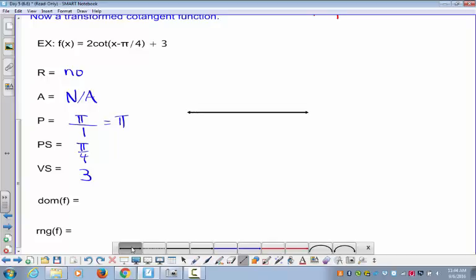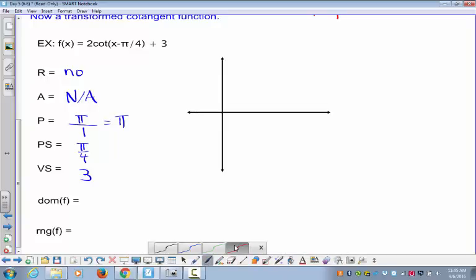So again, start with phase shift. And I'm going to put my shape up here. So the shape for a cotangent is down to the right. That's our shape for cotangent. Down to the right. Start at our phase shift, pi over 4.